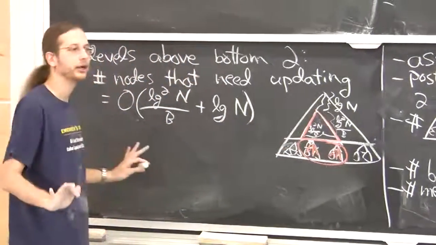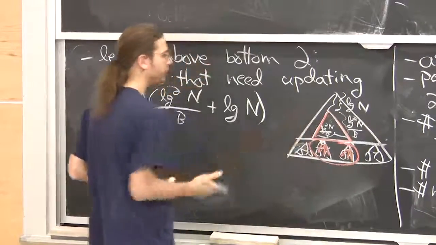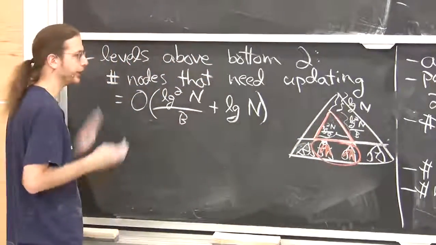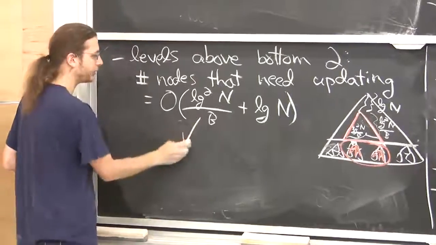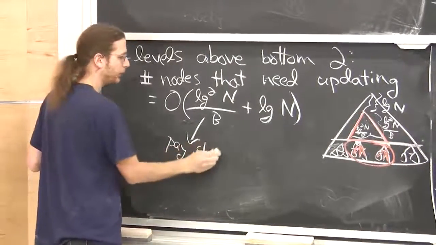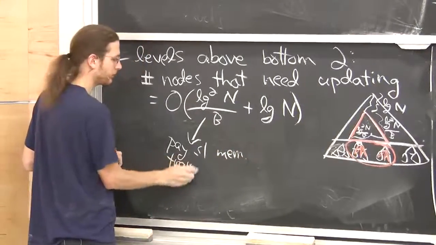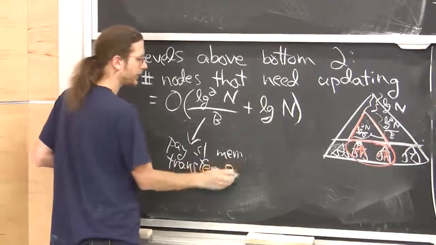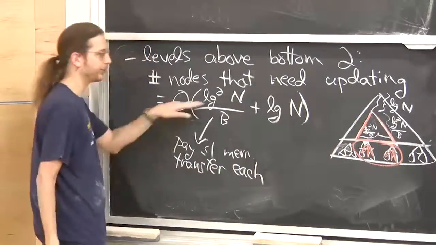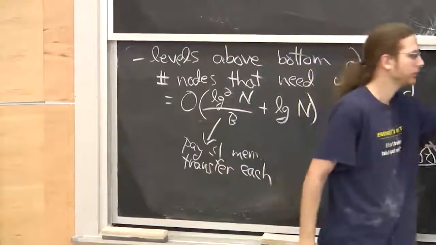So we don't care that we're efficient up here. It doesn't matter. So for these nodes, we pay at most one memory transfer each. And so we pay at most log squared n over b for them. That's fine because we're already paid that much.